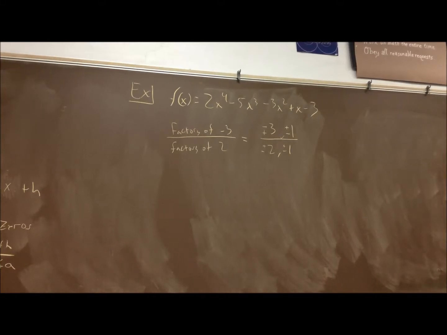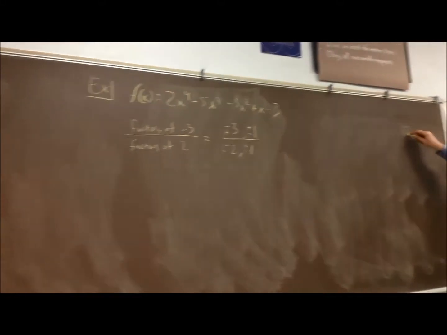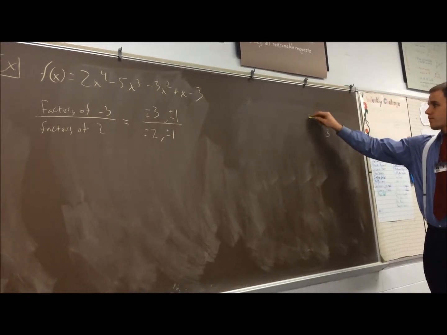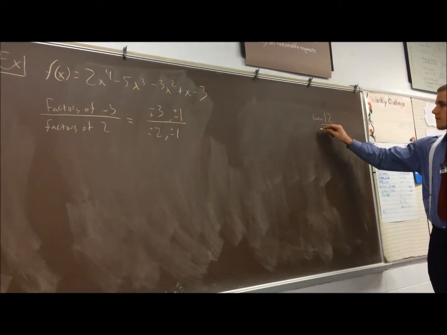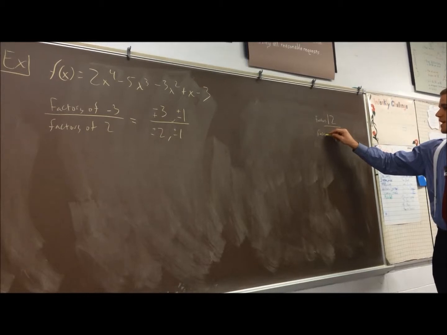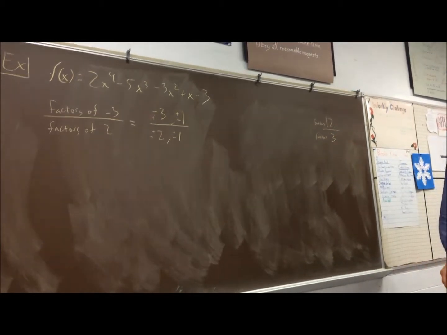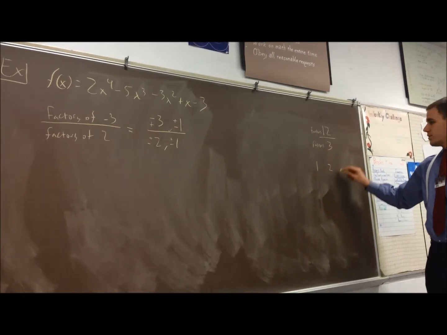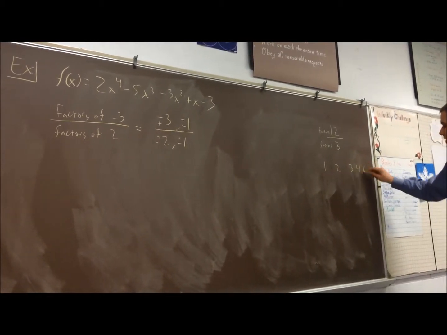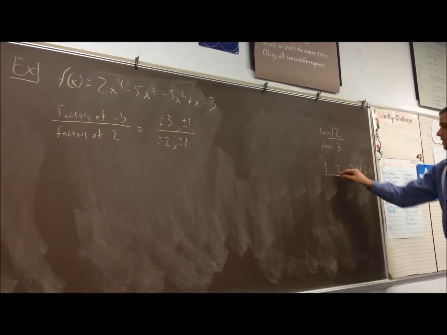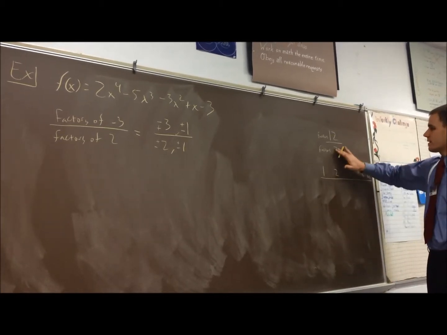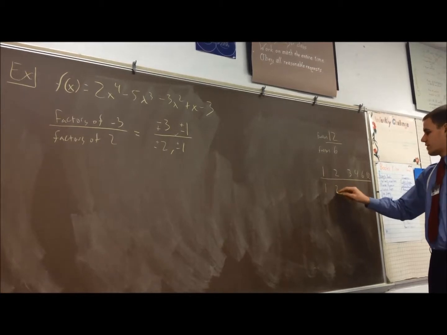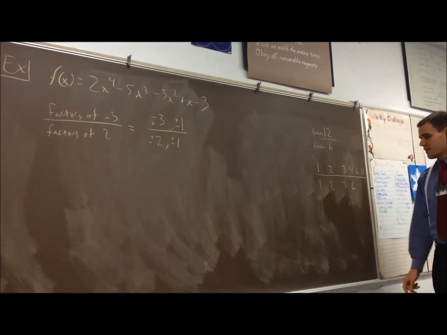What really stinks is when you get something like, what are all the factors of 12 and 3? Because then you start getting into a ton of them. 1, 2, 3, 4, 6, and 12. Ooh, let's make it really nasty: 1, 2, 3, and 6.